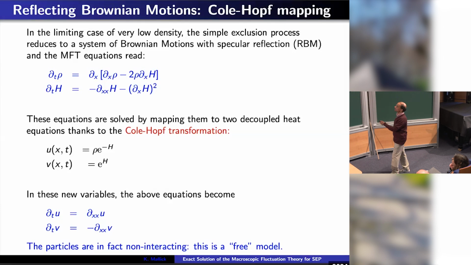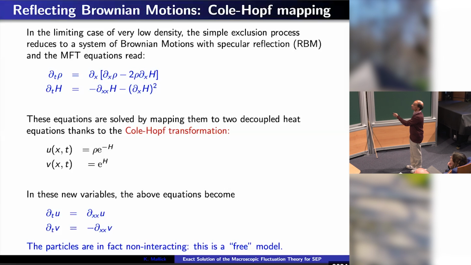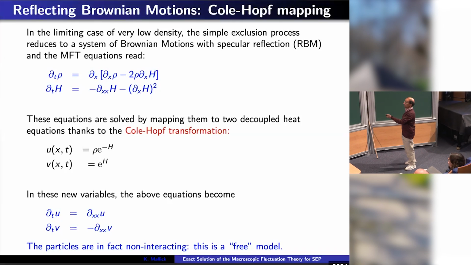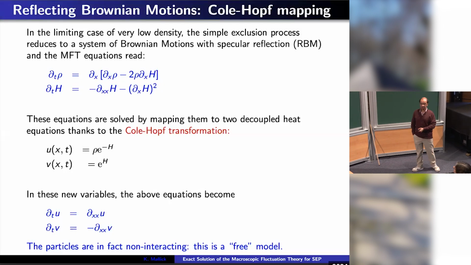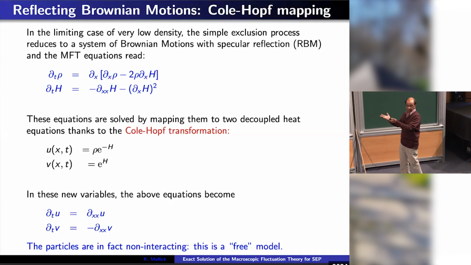So by going essentially to V equal to exponential of something, H, and U equal to rho exponential minus H, if you plug U and V into this system, you get two decoupled heat and anti-time heat equations for U and V. So somehow you free the problem, it becomes diffusive, non-interacting, and you can solve everything.